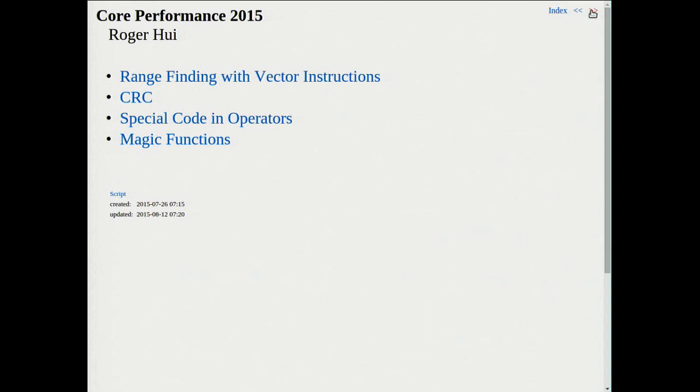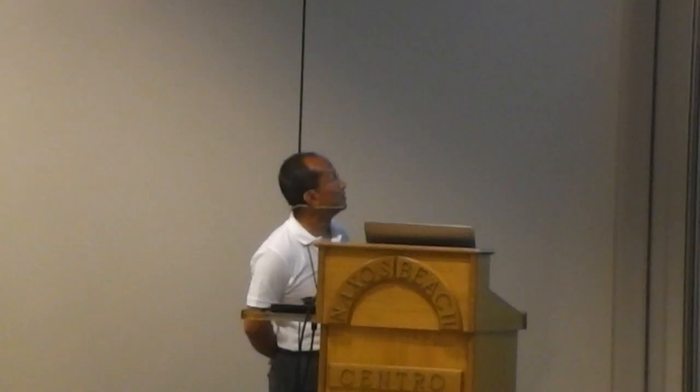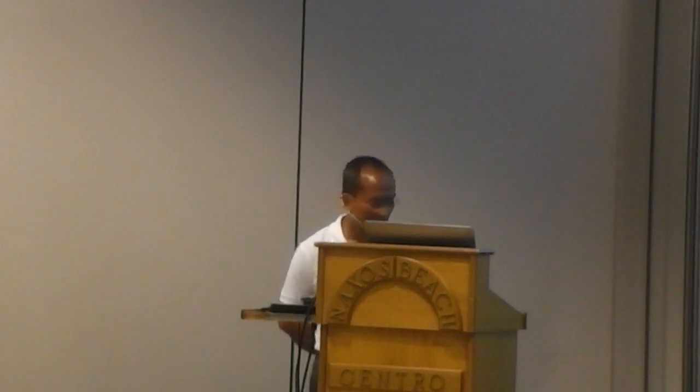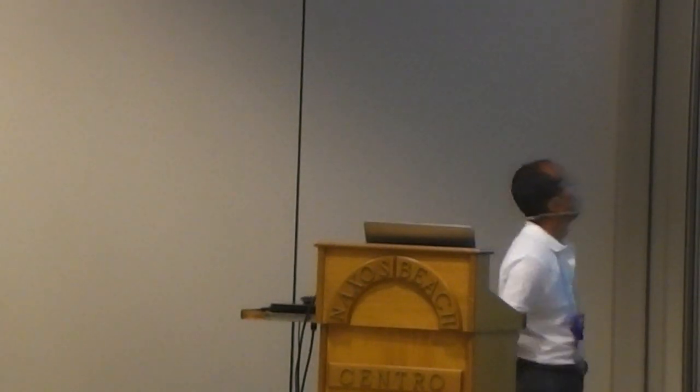My part actually will match quite well with what you said, Jay. So, recent and future versions of Dyalog have benefited from the application of several techniques, including range finding using vector instructions, the same vector instructions that Jay mentioned, CRC hashing, special code and operators, and magic functions. First, some acknowledgements.